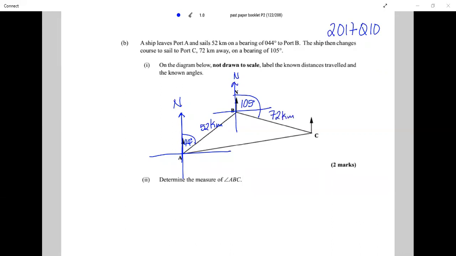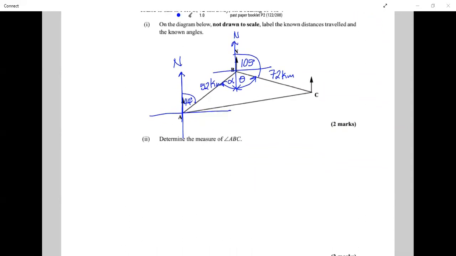The first thing we're asked to do is determine the measure of angle ABC. We want this entire angle here. Let's divide it into two pieces, call this piece alpha and this piece theta. It's easy to see that alpha is equal to 44 degrees.